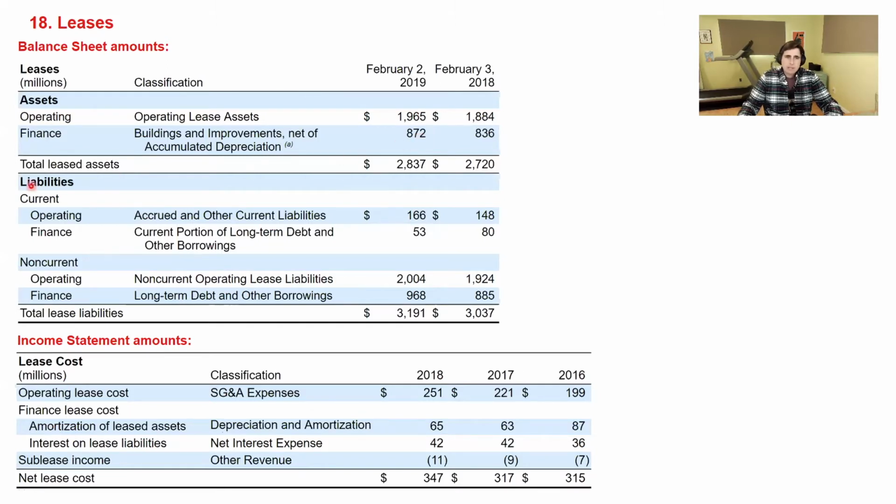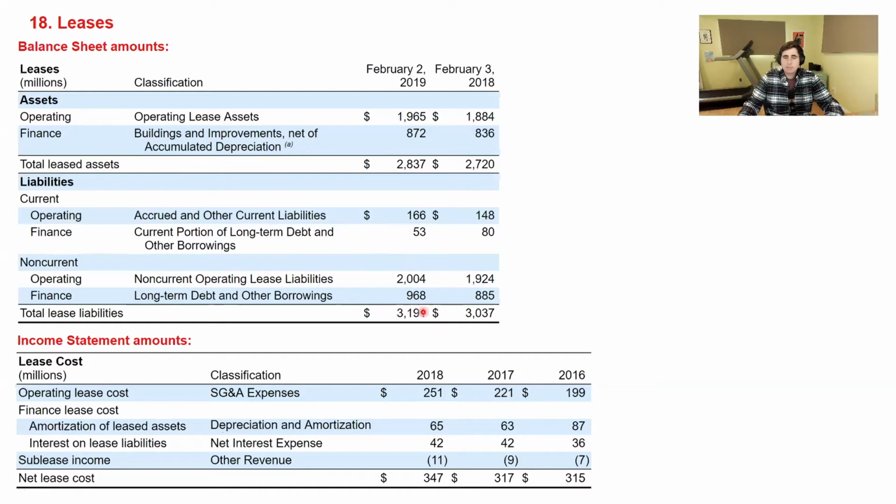And in the liability section of the balance sheet, they've got current and non-current. So current operating lease liabilities are kept in accrued and other, just like we said. And current finance lease obligations are kept in the current portion of long-term debt and other borrowings. And that's just a small amount of the total lease obligation, okay? The major part of lease obligations is in non-current.